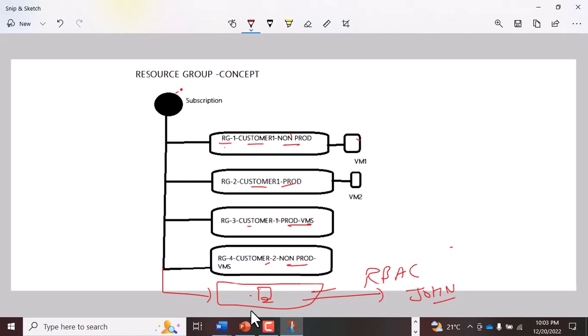I will cover resource group role-based permission in a separate recording. So as of now, a resource group is a container where we deploy some service or services. And the reason to have a resource group is to bifurcate the deployment based on non-prod and prod, maybe customer one and two, or any other specific reason, depending upon the permission requirement. So that's called the resource group.